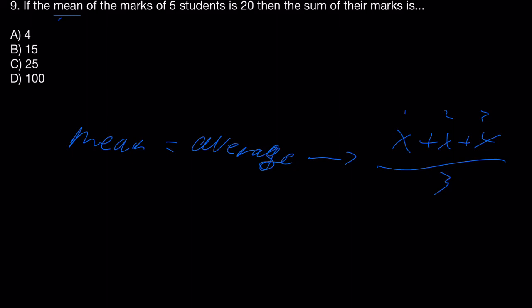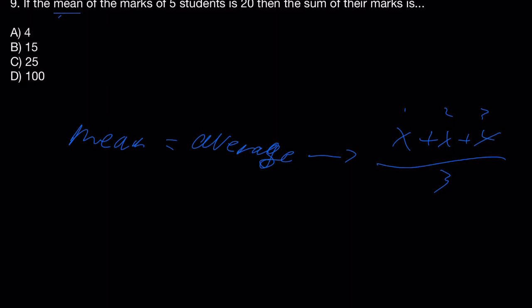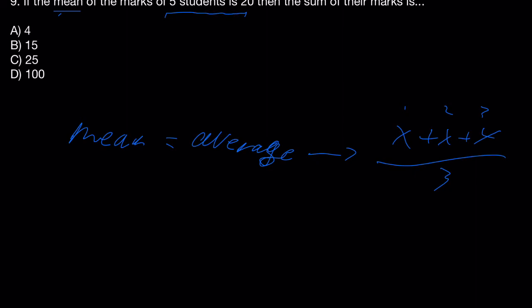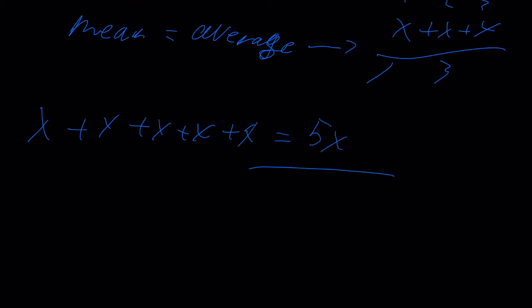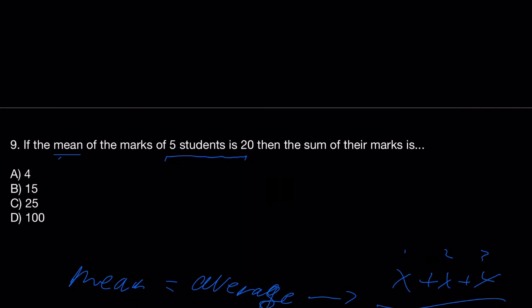So they're saying the mean of the marks of 5 students is 20. So taken by this, x plus x, 5 students, which you can write in a simpler way by just saying 5x over 5 students, it's going to give us 20. This is exactly what this statement means.